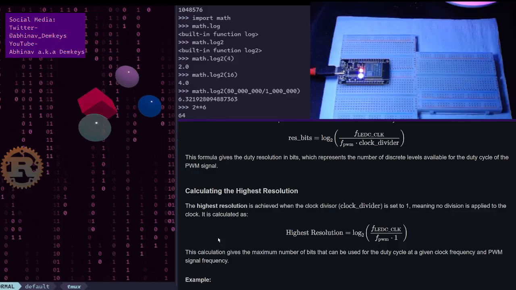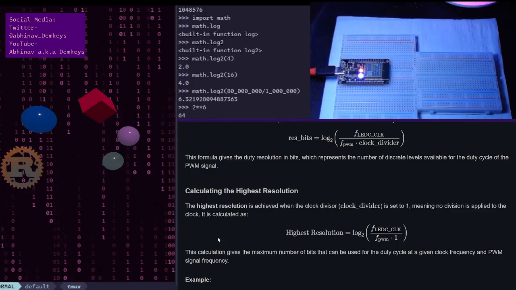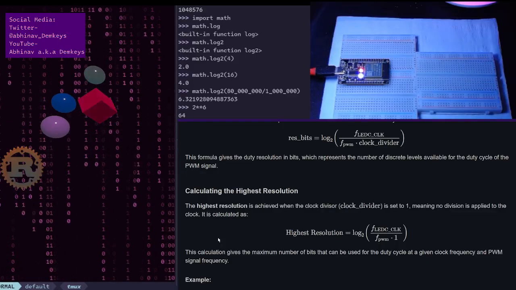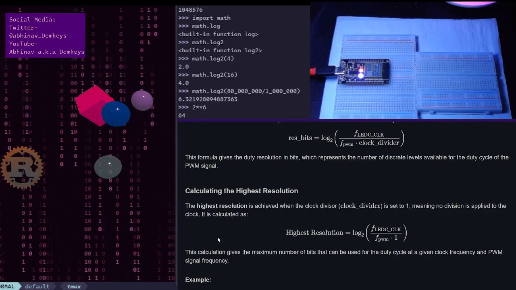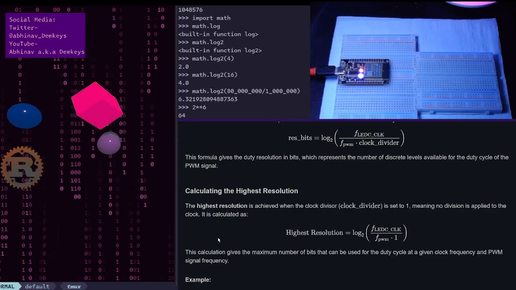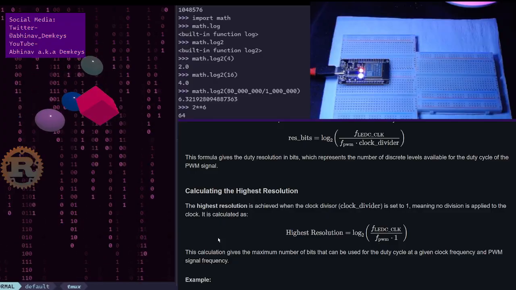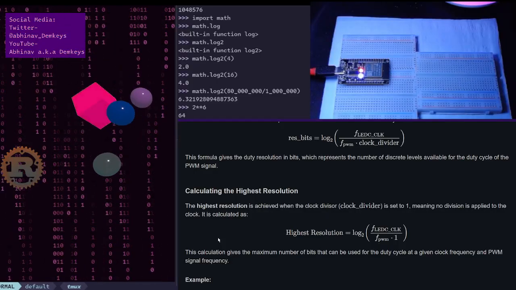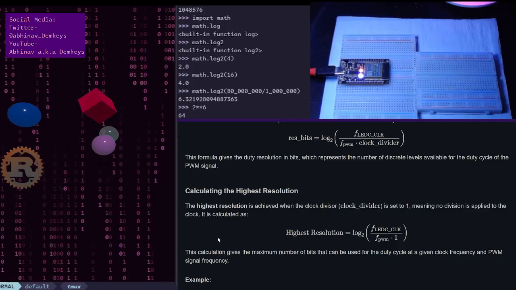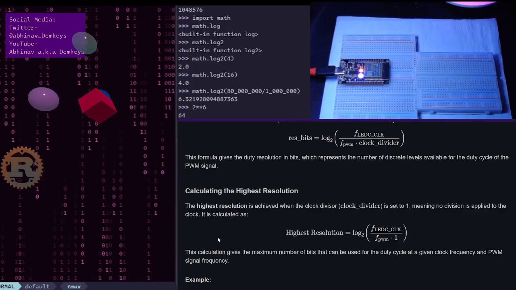No, hold on. I keep confusing resolution bits and the actual resolution. No, no. Resolution bits is the resolution. That's the resolution we are setting.